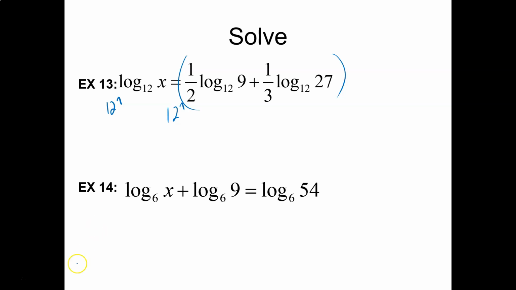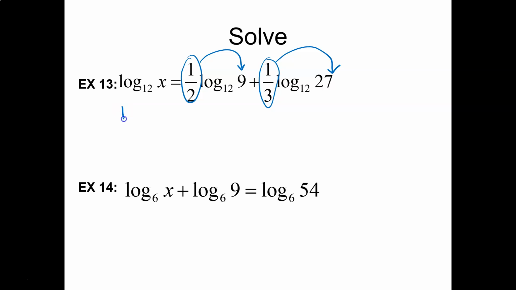All right? So, in order for me to solve this, I am going to have to combine everything over here on the right-hand side first, then I can drop the logarithms. So, that's going to look like this. The 1/2 can go in as an exponent. The 1/3 can go in as an exponent.